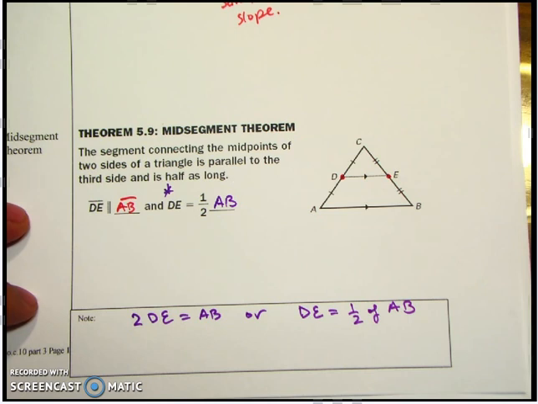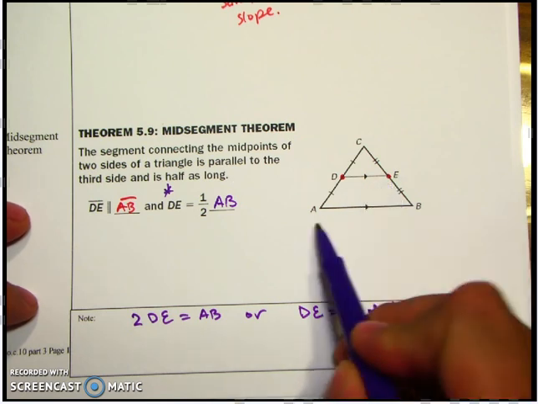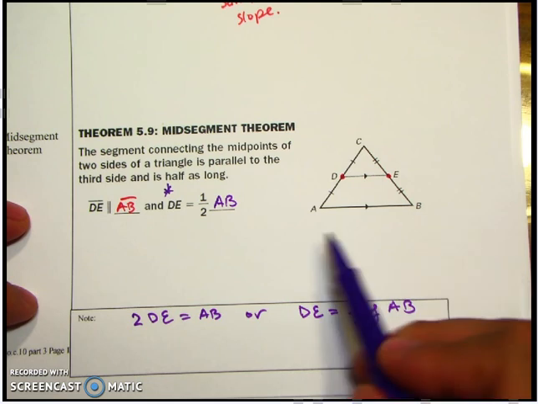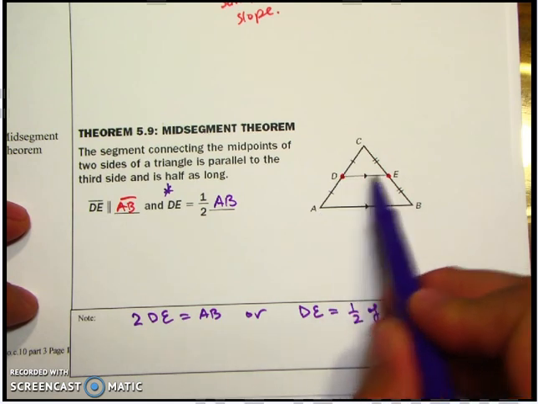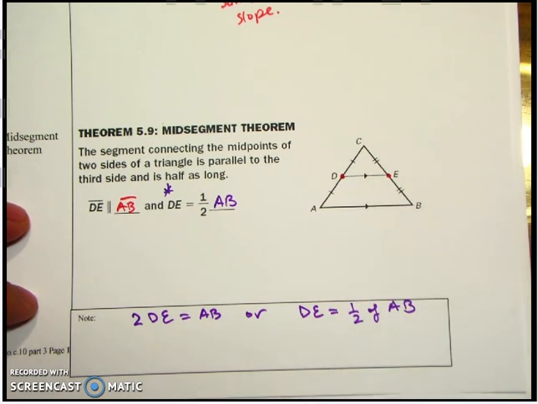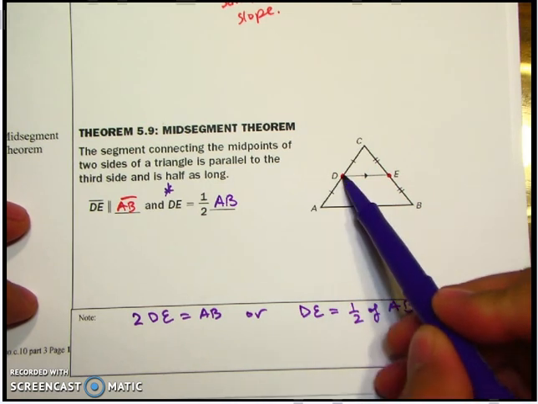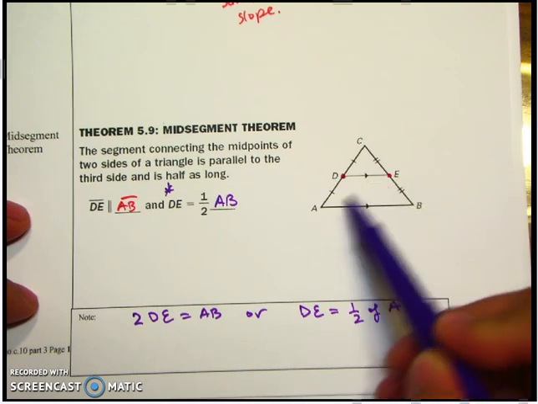That's all it is. We need 2 of this to make 1 AB, or half of AB will give you 1 DE. So that's what the mid-segment theorem is. It only works when it's in the middle of this side here, in the middle of this side, you connect it, and these two will be parallel.